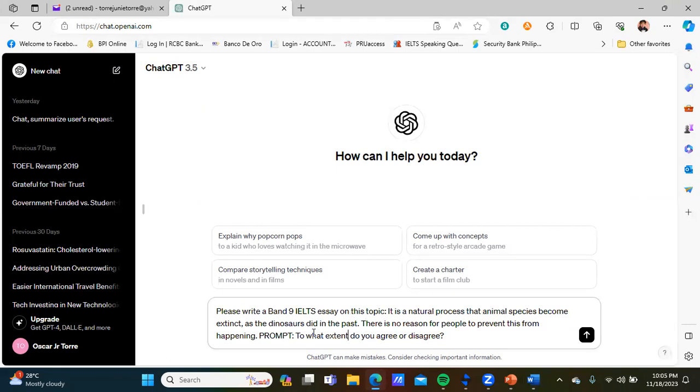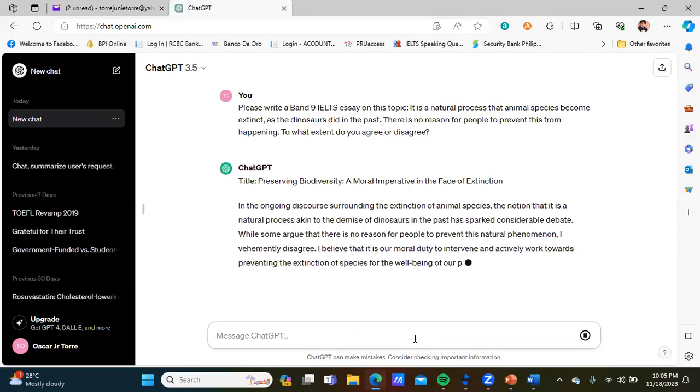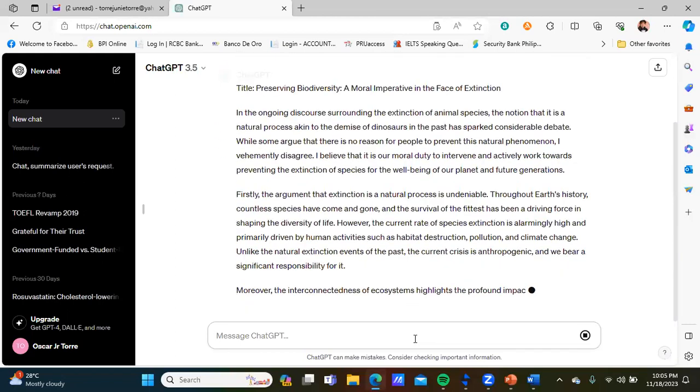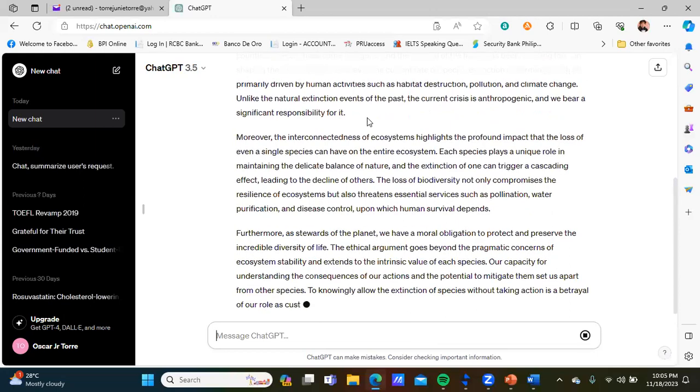There's no reason for people to prevent this from happening. So ChatGPT is going to mention the agree, and then he's gonna proceed with the disagree, guys. It's gonna do the kill for us. There's his agree arguments up there, guys.